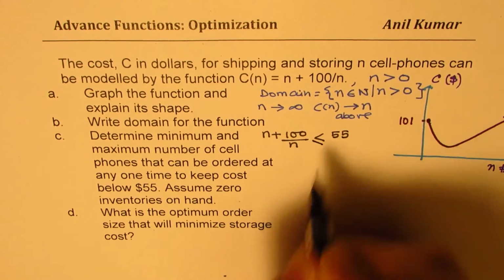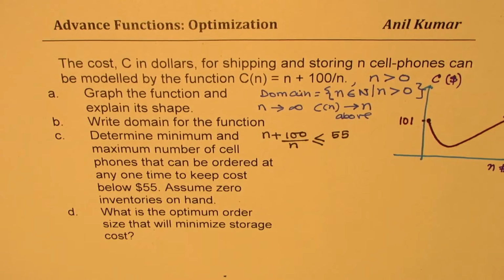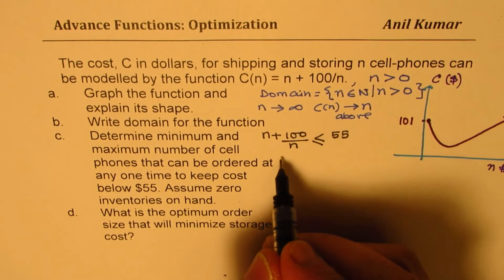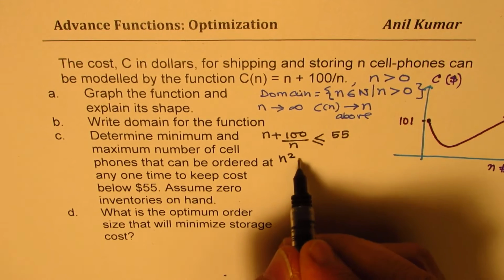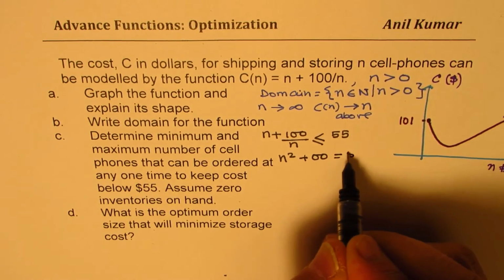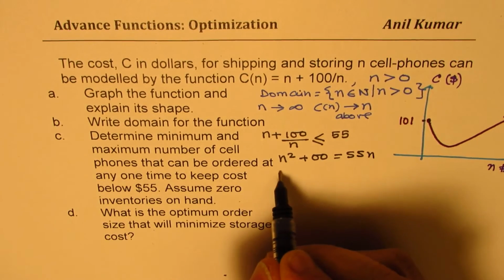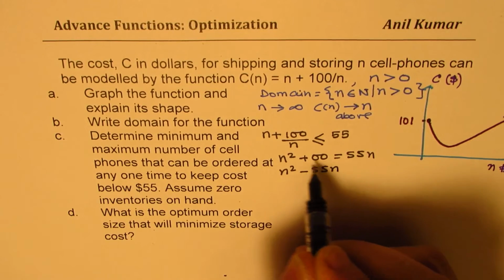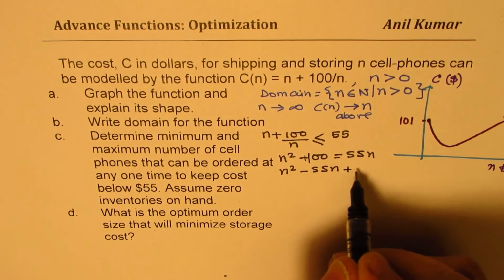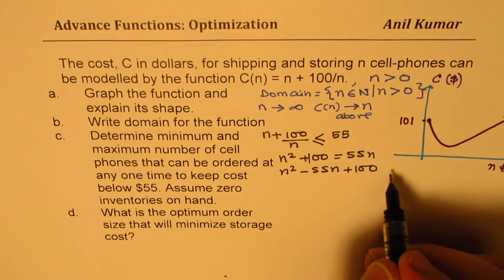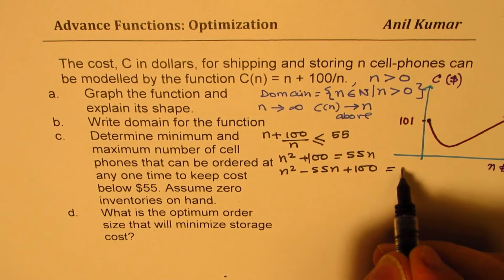We can say less than or equal to $55, right? You can solve this as an equation. So we get n square plus 100 equals 55n. Bringing them all together, n square minus 55n plus 100, let's say equals 0.